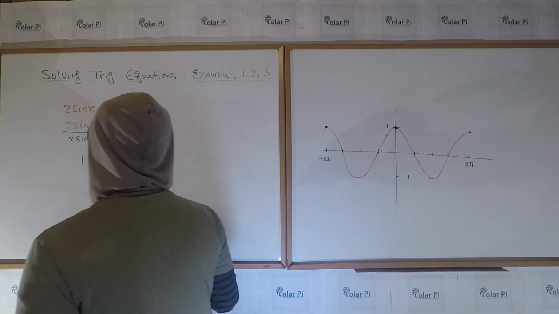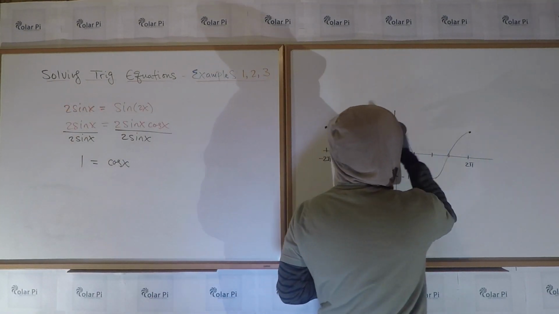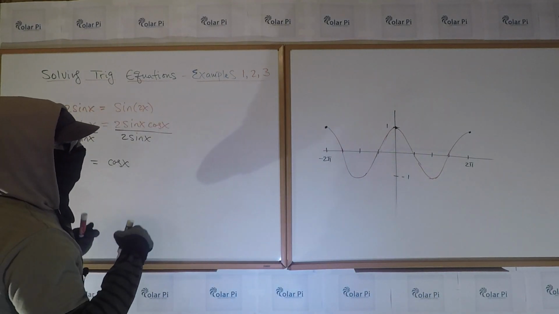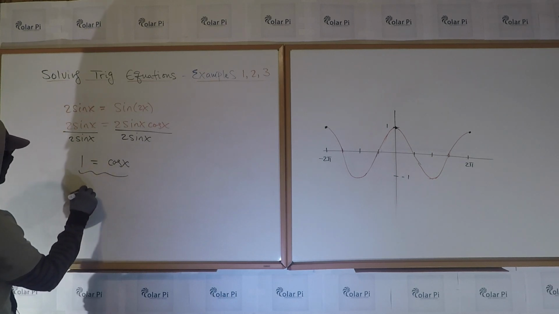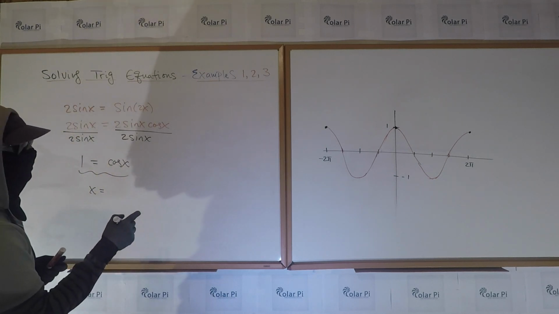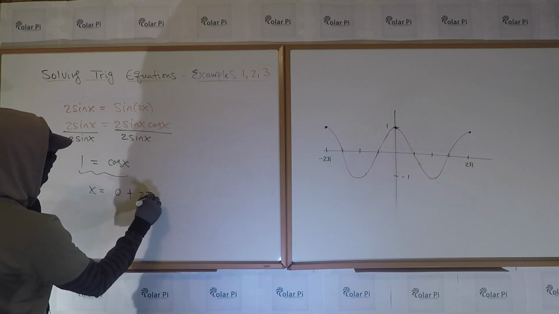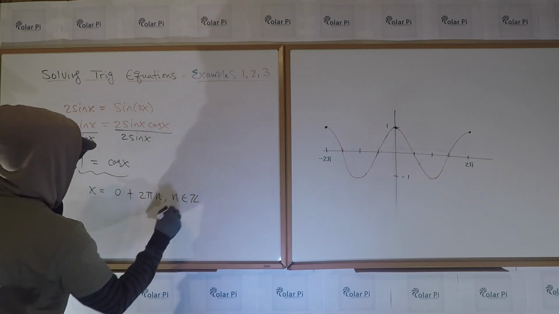It goes on forever. And since I don't have restriction, I need to catch all the places where it's equal to 1, not just these 3. Well, I could gather from there where all the other places are going to be. So the answer to this is going to be x is equal to 0 plus integer multiples of 2 pi. So 2 pi n for n an integer.